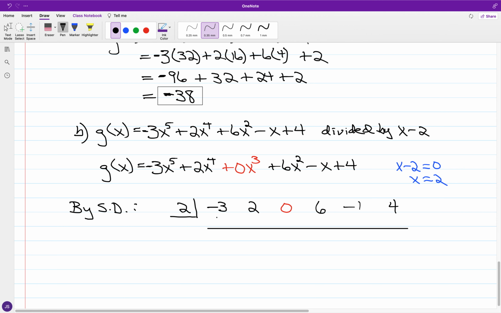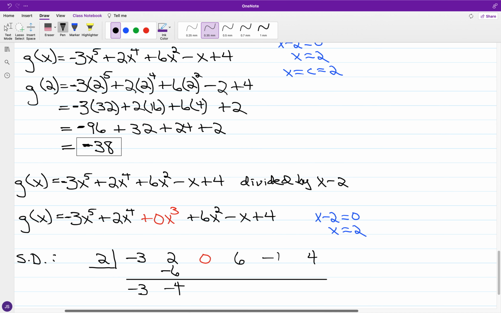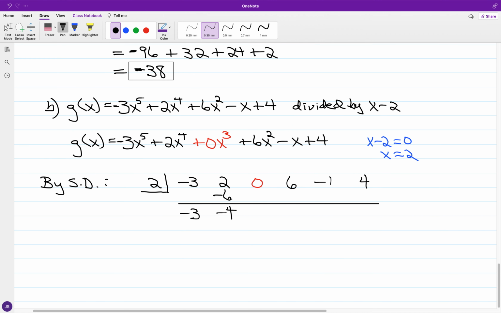Just taking what we have now with the synthetic division: we got negative 3, and 2 times negative 3 is negative 6. 2 plus negative 6 is negative 4. 2 times negative 4 is negative 8. 0 plus negative 8 is negative 8. 2 times negative 8 is negative 16, and 6 plus negative 16 is negative 10. 2 times negative 10 is negative 20, and negative 1 plus negative 20 is negative 21.